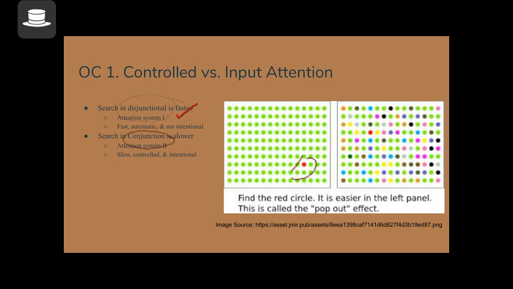It's fast, automatic, and not intentional. Whereas when you're looking for information, a red dot here, it's not automatic. It's not popping up. It's actually taking attentional system two into account. It's slow, it's controlled, and it is intentional.